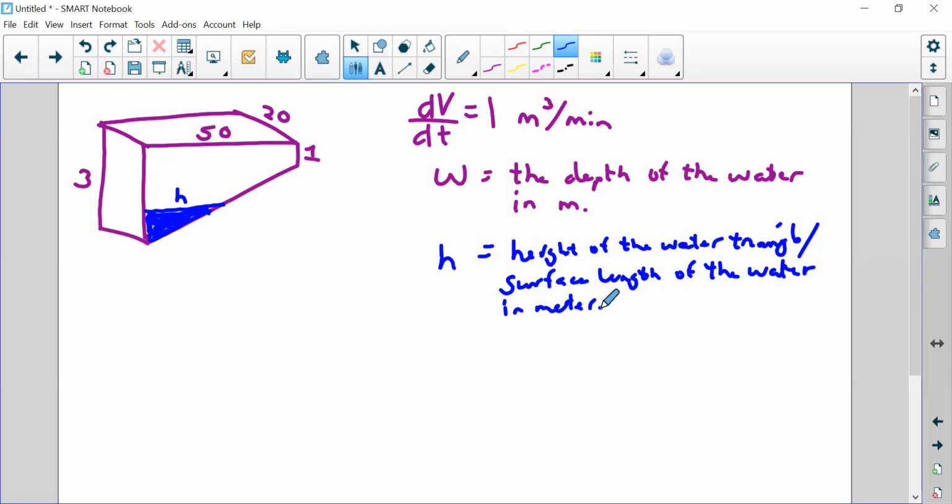However you want to define that, it can be defined in different ways. Okay, so we have that going on.